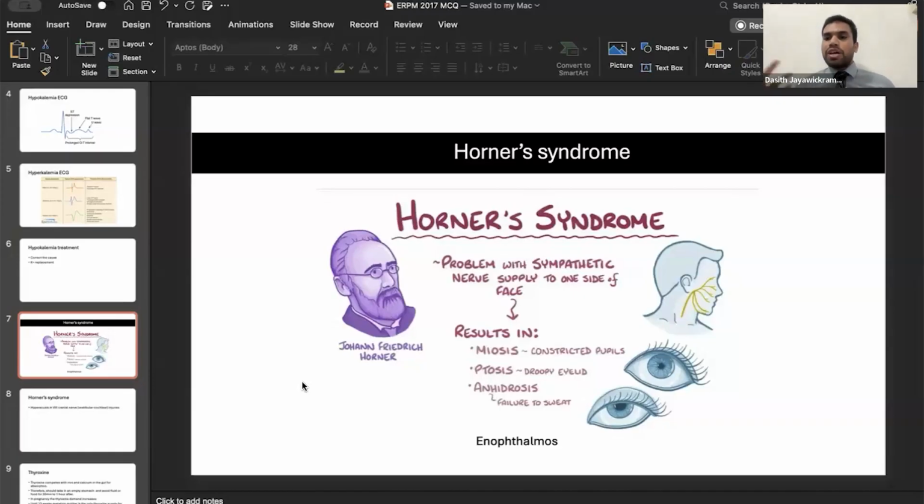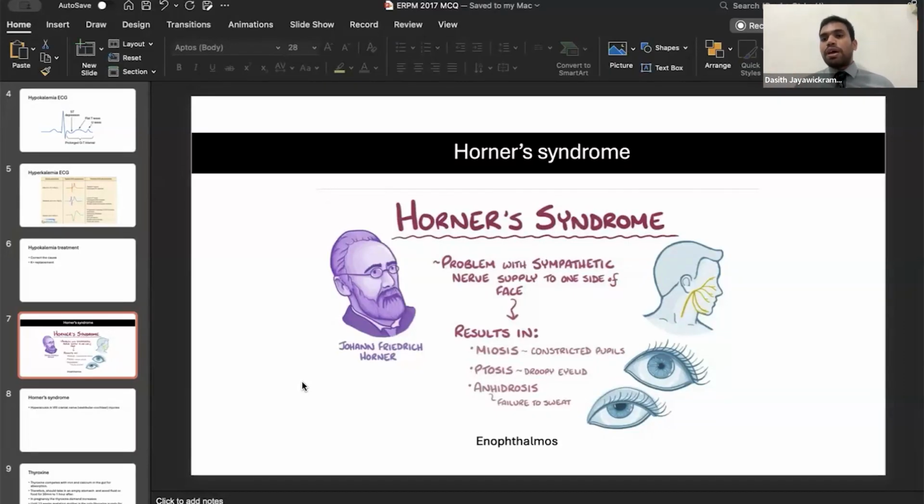So from where does the sympathetic supply come to our body, to our face and neck? It comes from the thoracic segment of the spine, especially from T1 and T2.